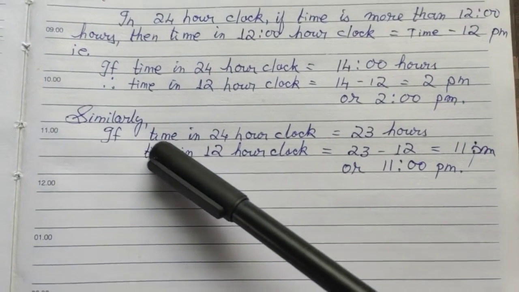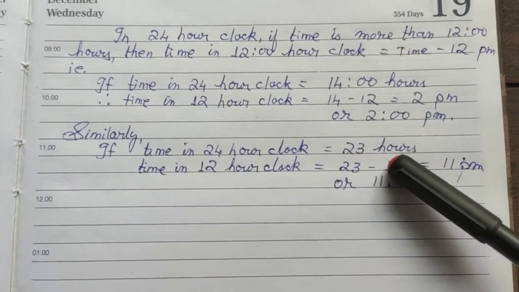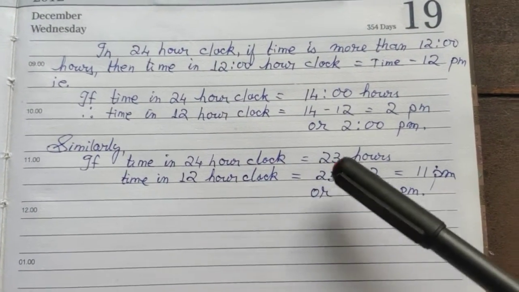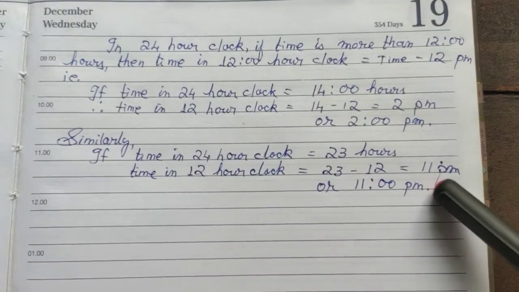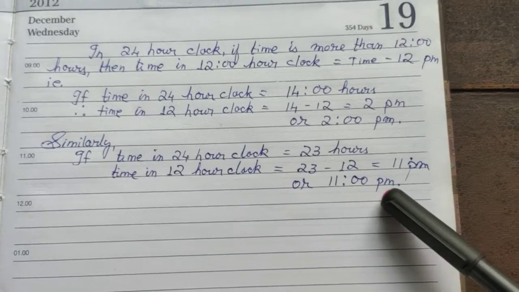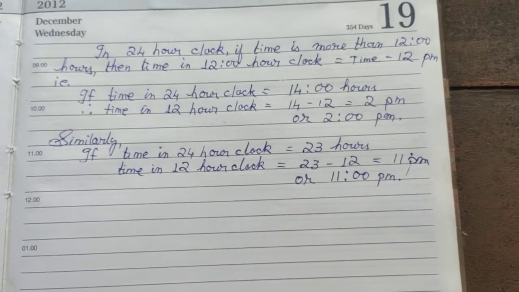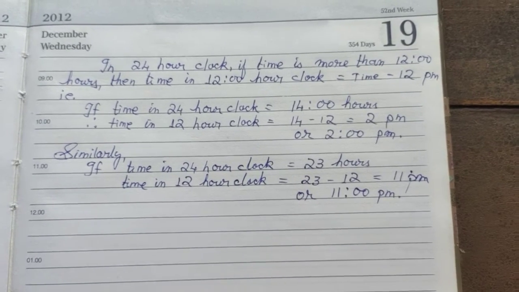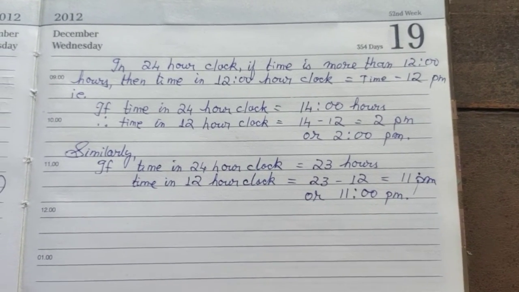Similarly, if time in your 24-hour clock is 23 hours, if you want to convert into 12-hour clock, then from 23 you minus 12, it will show you 11 PM. I hope you have understood how to convert from 12-hour clock to 24-hour clock and from 24-hour clock to 12-hour clock.